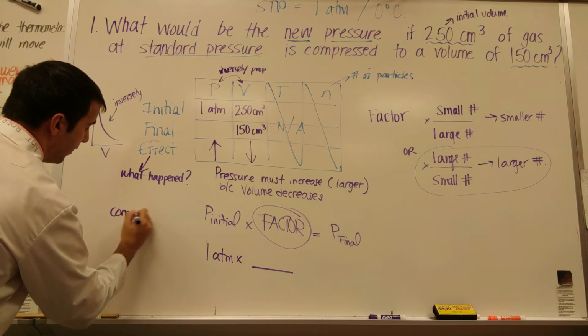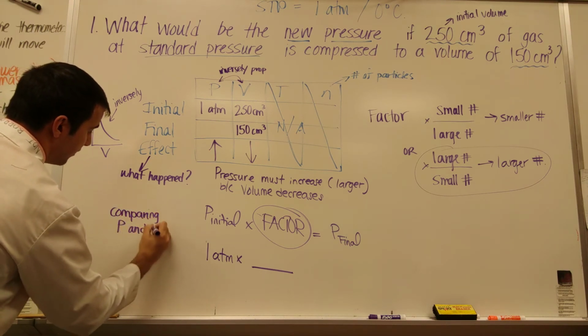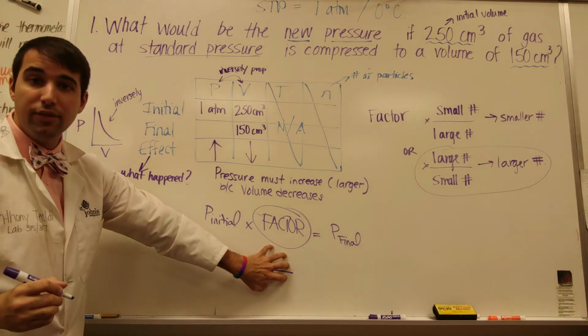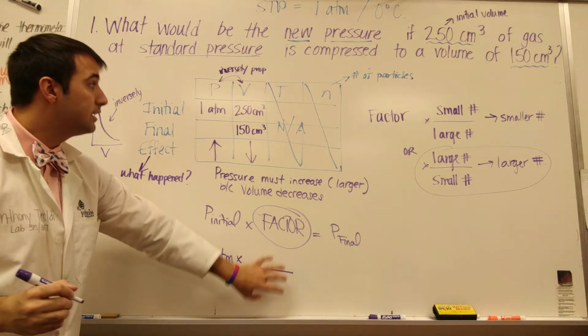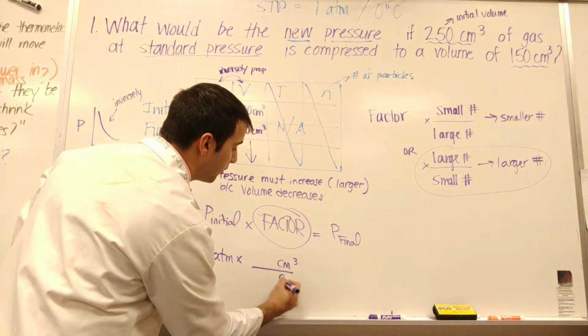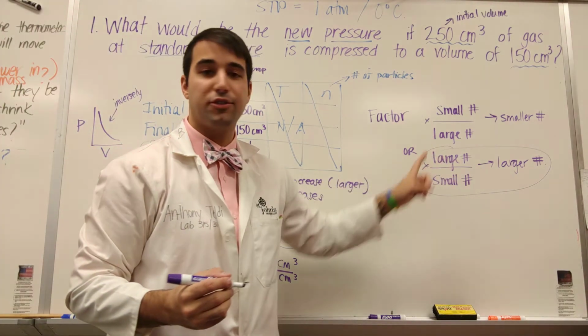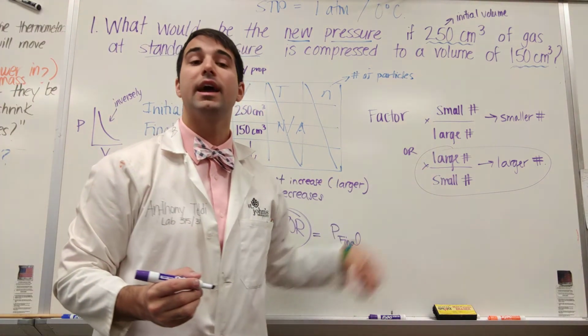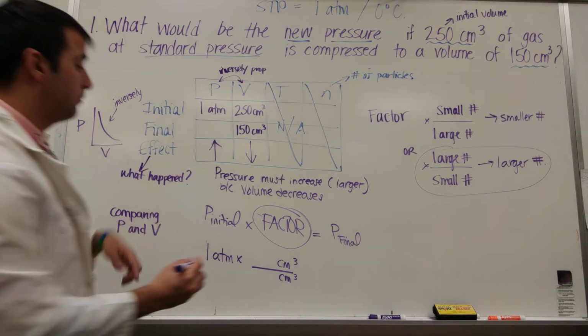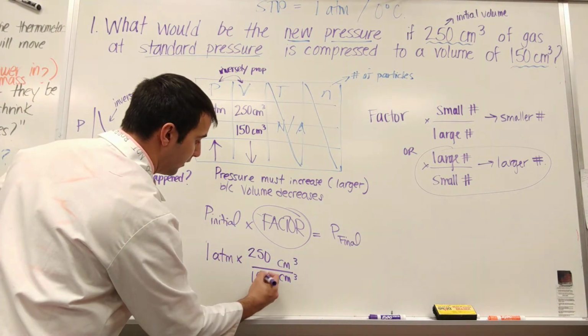So in this factor needs to go my two volumes, centimeters cubed, centimeters cubed. And I've already decided that I want to put the larger centimeters cubed on top and the smaller centimeters cubed on the bottom. So 250 over 150.